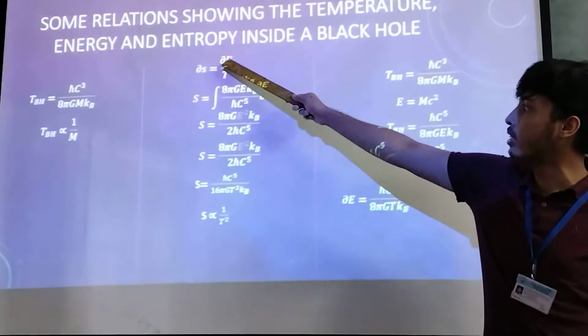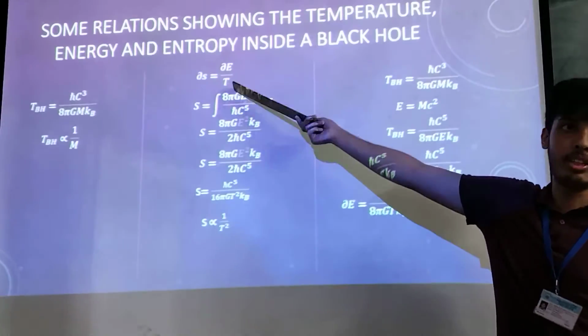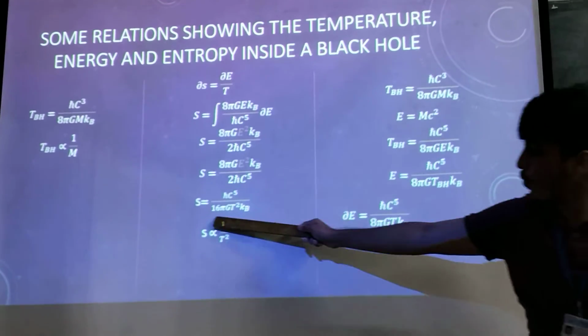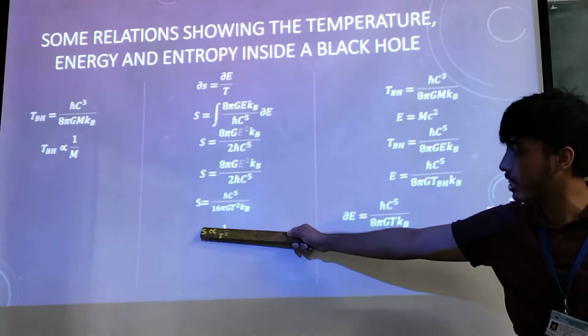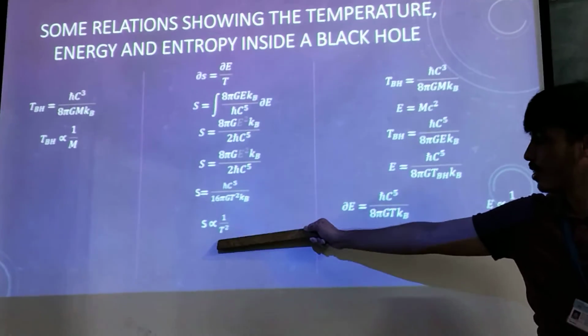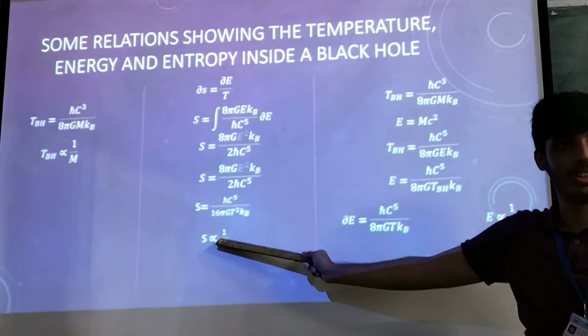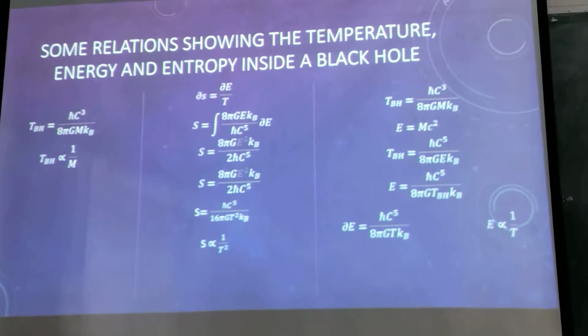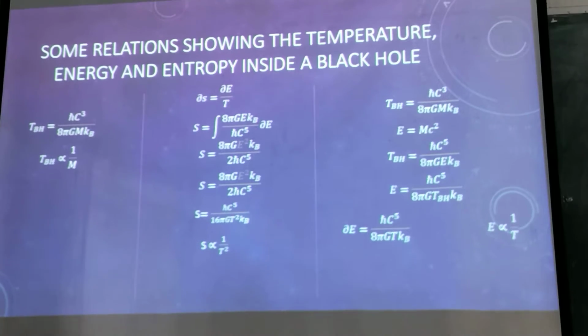Change in entropy is change of energy per temperature. I don't think there is any mistake in it. But the expression we get here states otherwise. It states inverse proportionality.